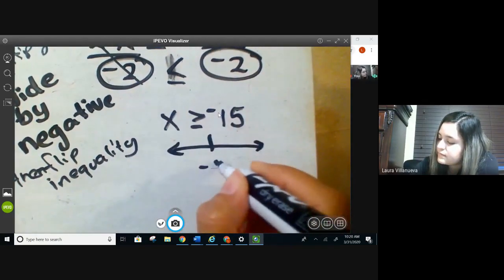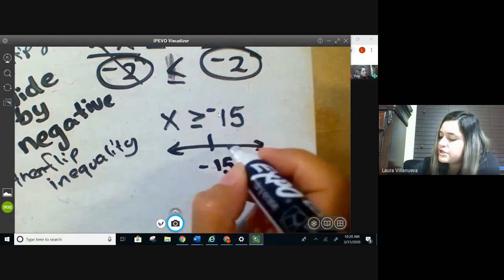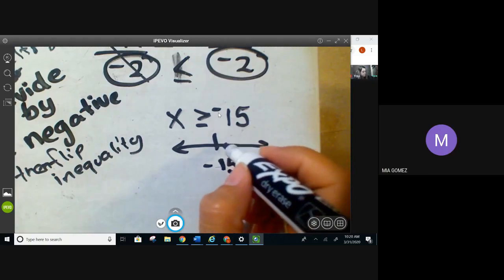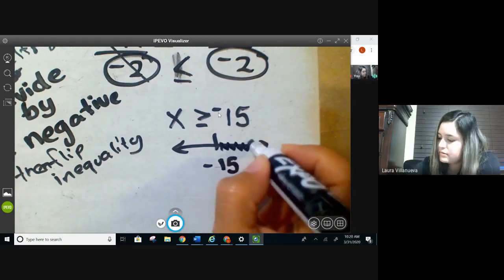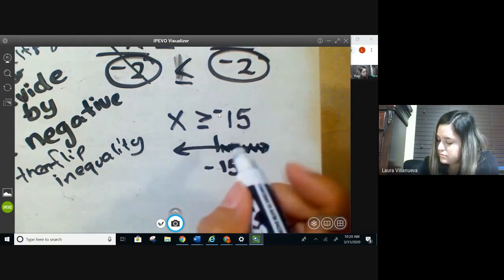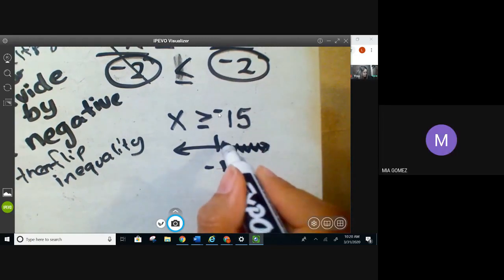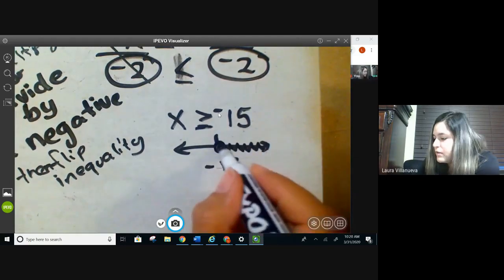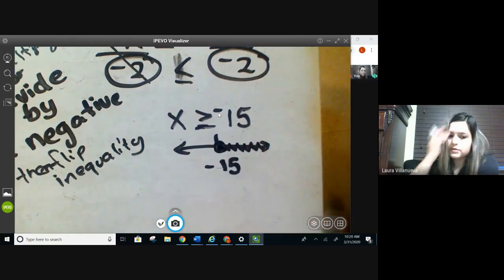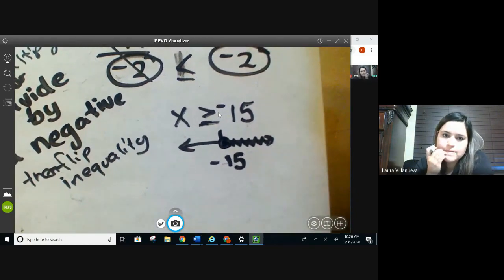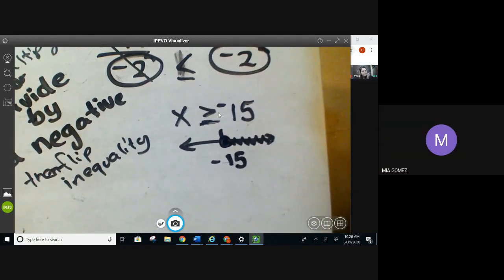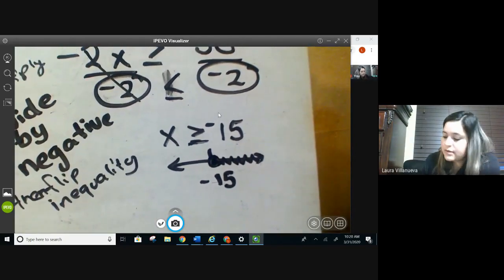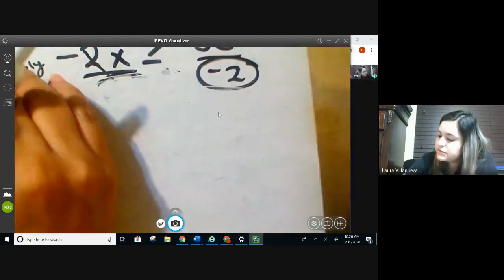And where are you going to shade? To the right. Open or closed? Closed, because it's equal to. Remember, it's including that number. Are you good so far? Yes.